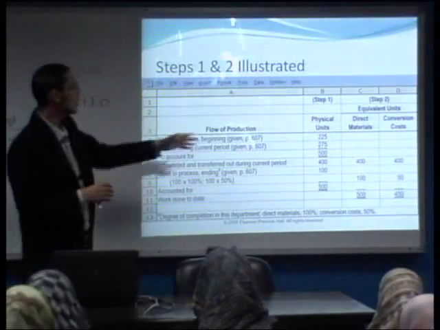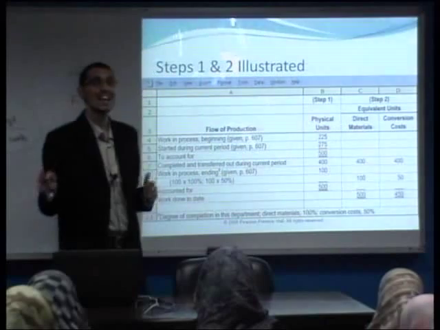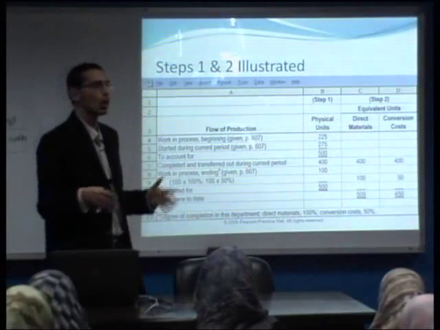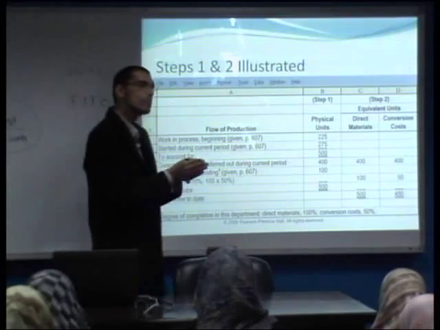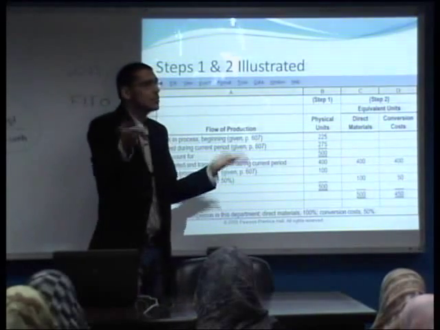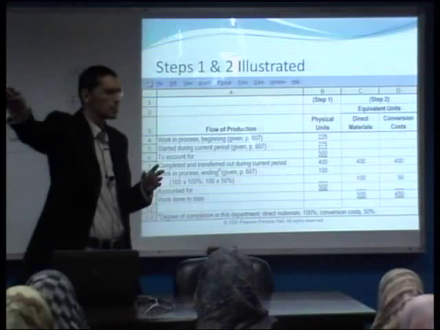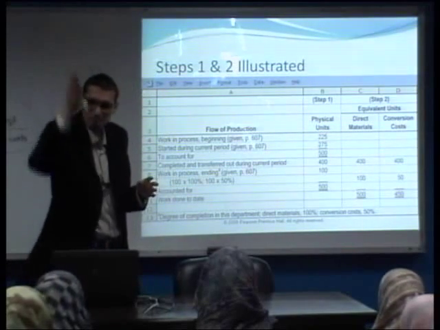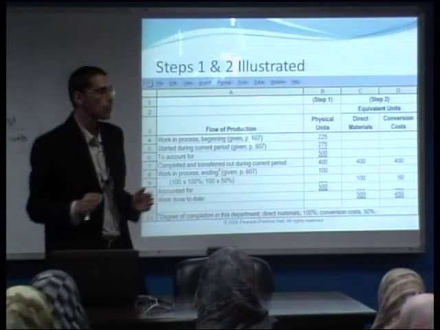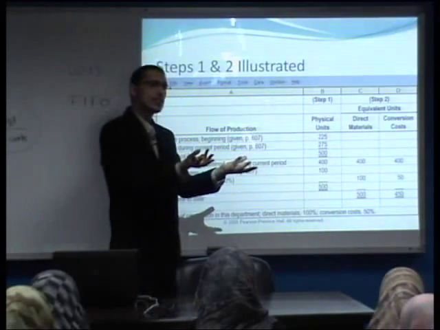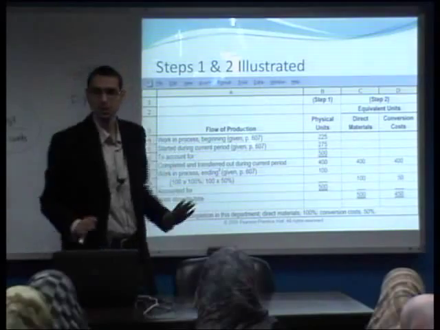Now let us go to the 100 units. According to our illustration, these units, because they were started, took 100% of the direct materials, because the direct materials were added at the beginning of the manufacturing process. Therefore, any started units would take 100% of the direct materials.